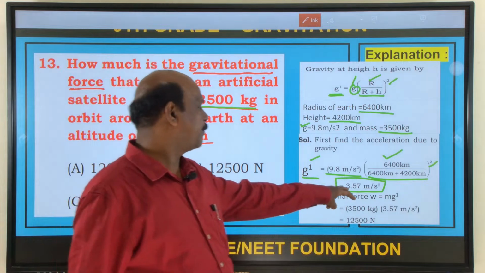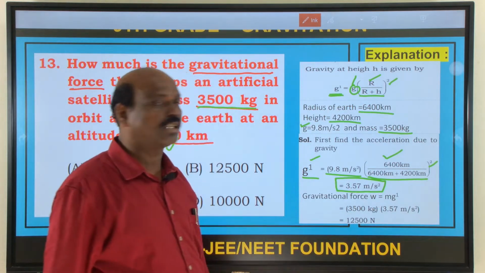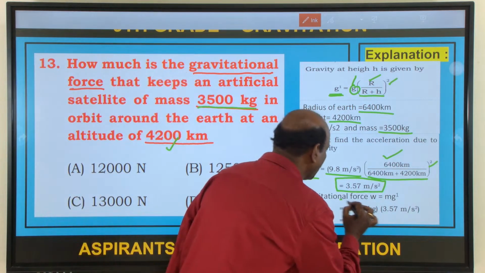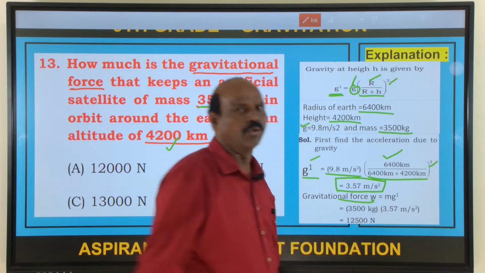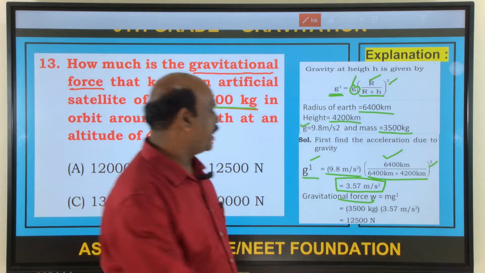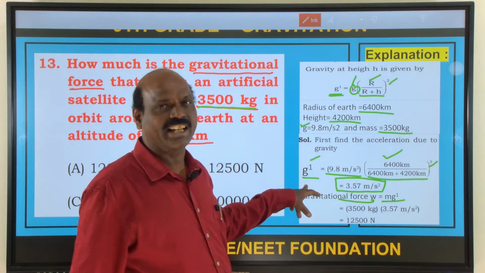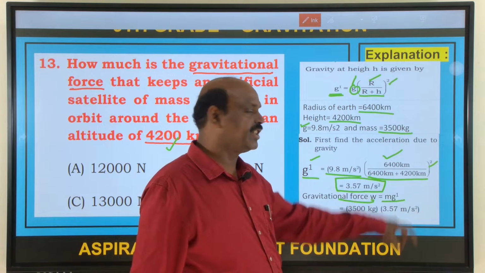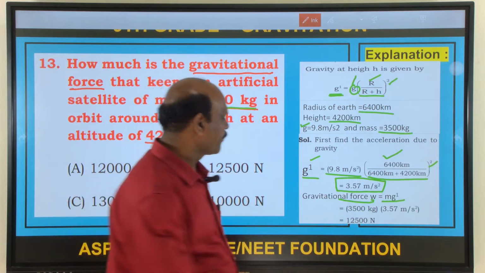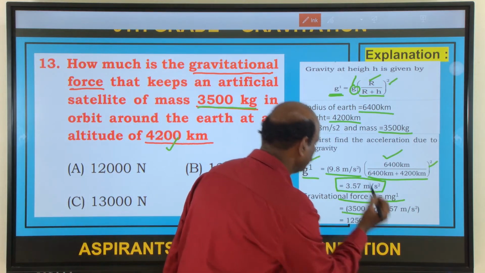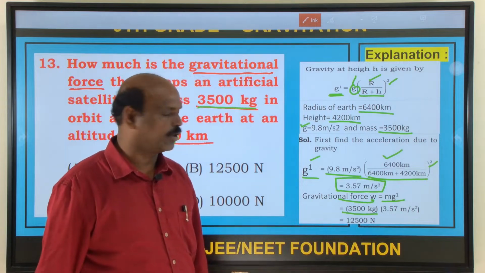Once we get 3.57 meters per second square, we want the force, according to the formula, or we can say weight. W is equal to mass into gravity, where here we take gravity at height, so m into g dash, and the mass is 3,500 kilograms.